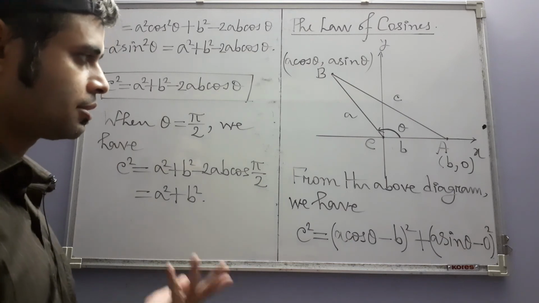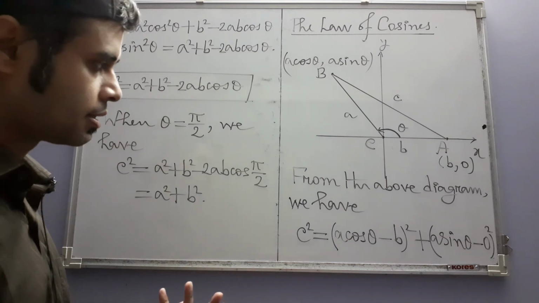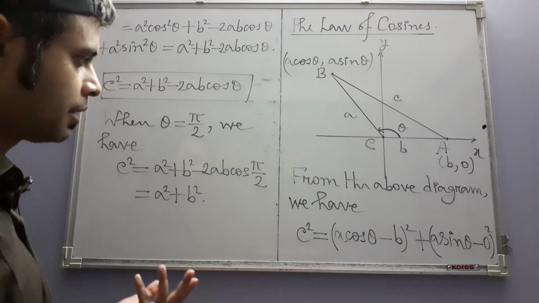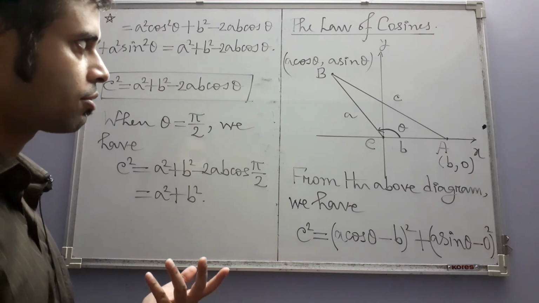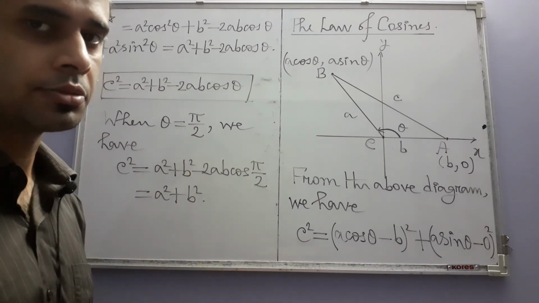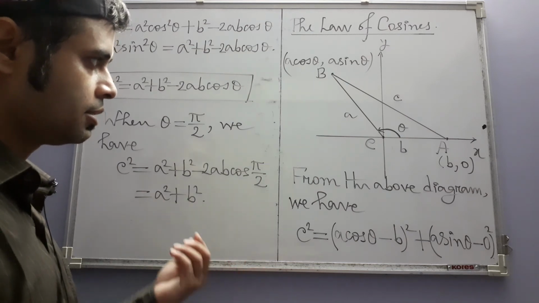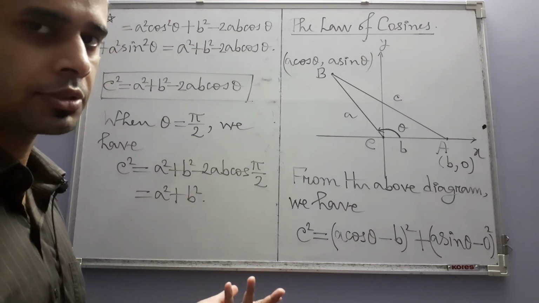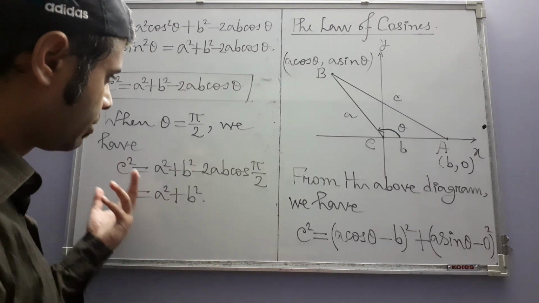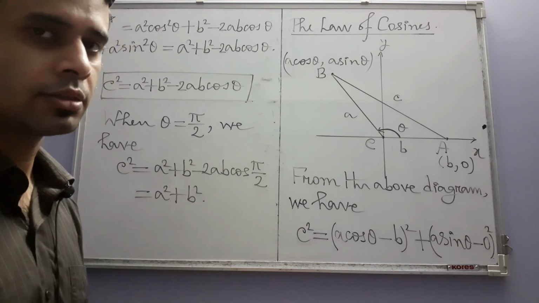So it looks like the Pythagorean theorem is a corollary of the law of cosines, because it comes out as a consequence of the law of cosines. In this particular case, the law of cosines becomes the Pythagorean theorem.